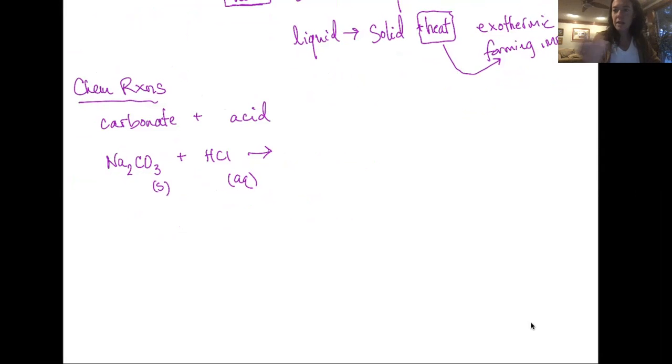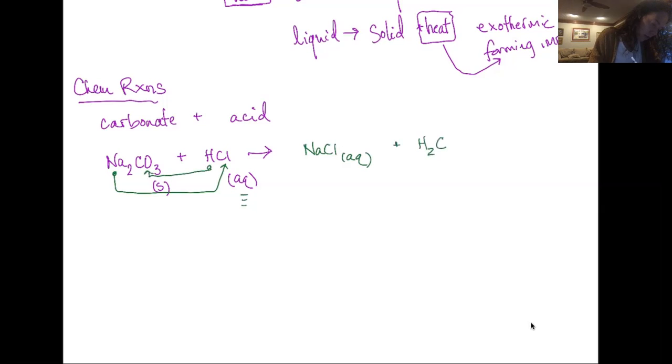Our cation and anions are going to switch partners, right? So it'd be like, okay, sodium is going to go with chloride. That'll give us sodium chloride. And if we've got water present, that's definitely going to be dissolved. And then we would put the H, the cation, with the anion, and would give us H2CO3.